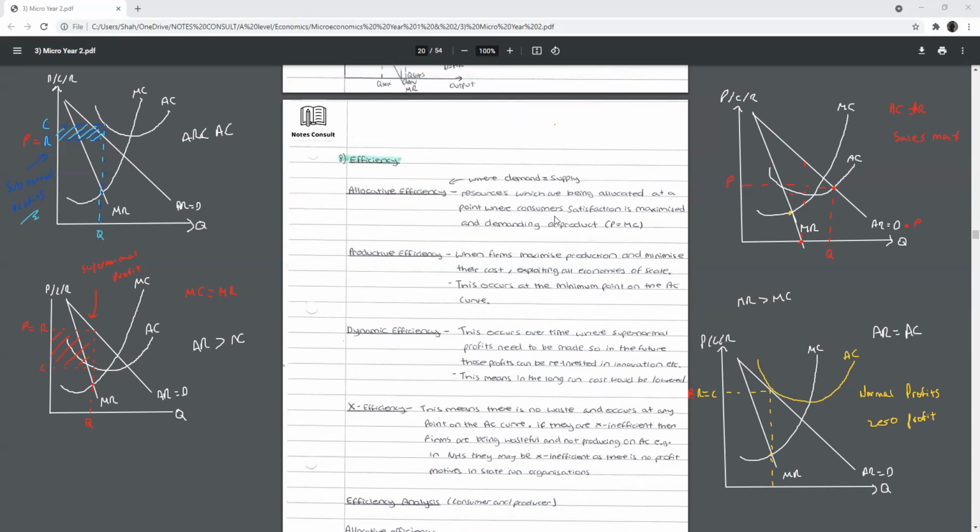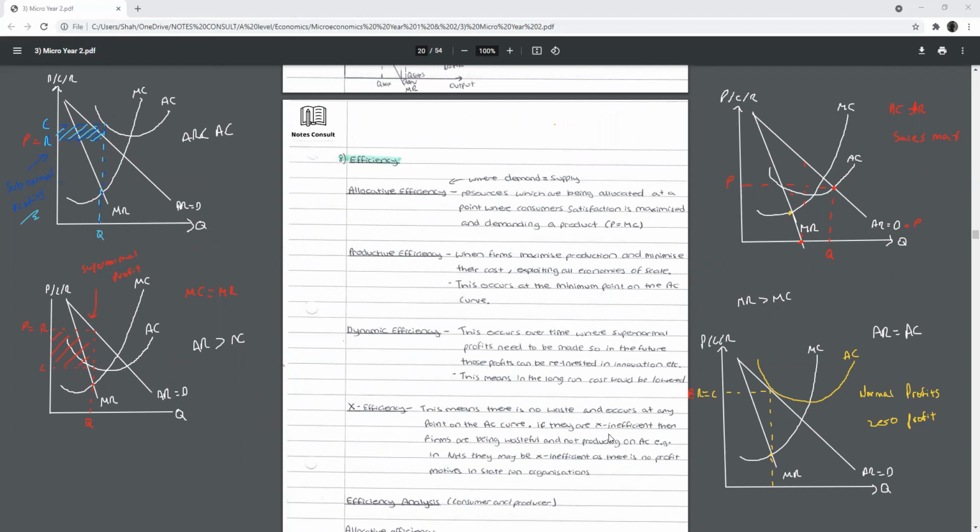If I want to show P equal to MC on a graph, I can show this on a perfect competition graph. I can show P equal to MC in all these graphs as well, but none of these graphs are currently allocatively efficient.